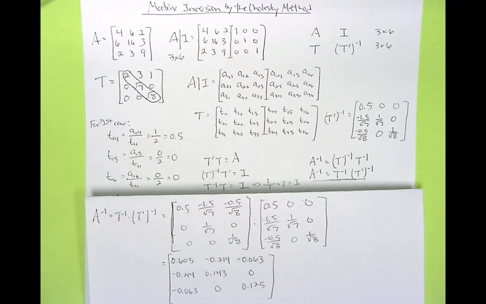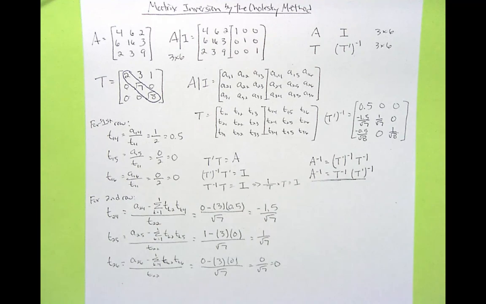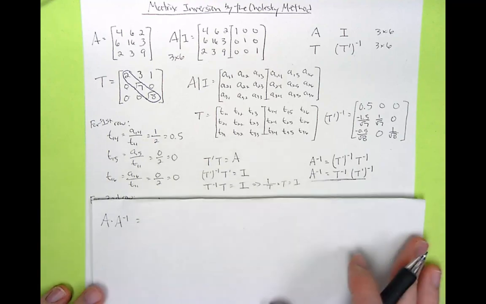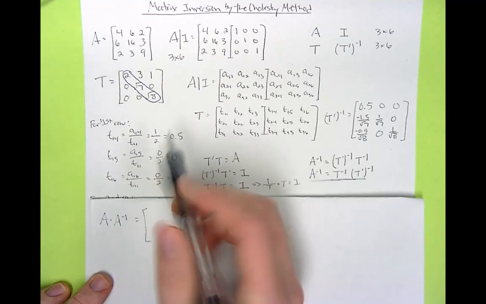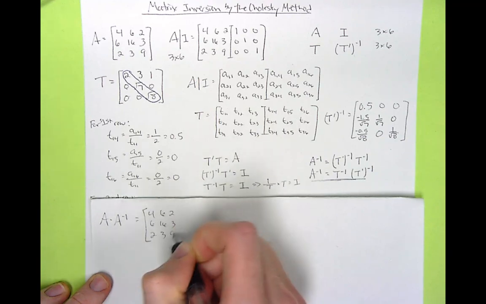And this can be verified that it is indeed the inverse by multiplying A by our calculated matrix and showing that the resultant product matrix is an identity matrix, as we have stated in the intro to matrix inverses and the video previous to that. So I will show that quickly. It's going to be A times its inverse. You see up here, A is 4, 6, 2, 6, 16, 3, 2, 3, 9.